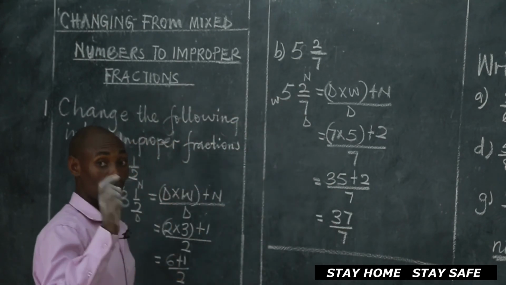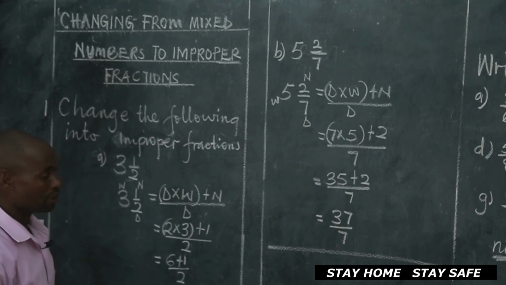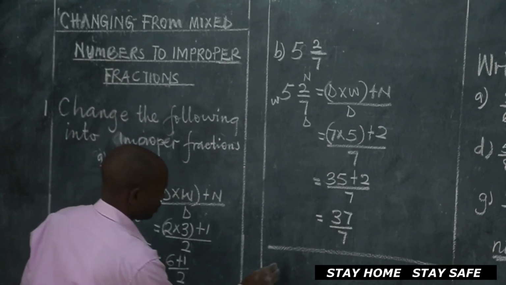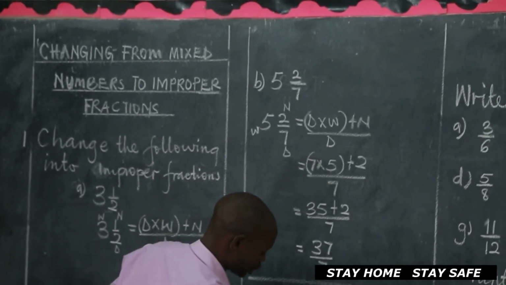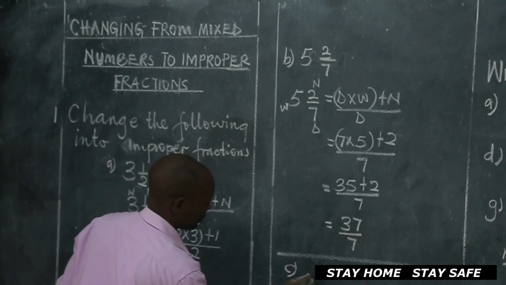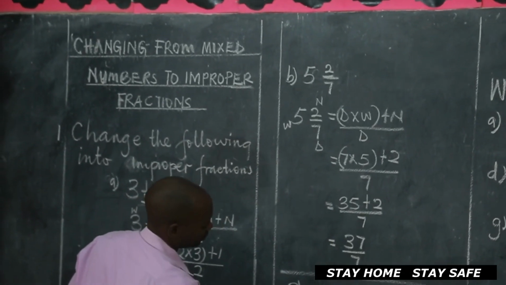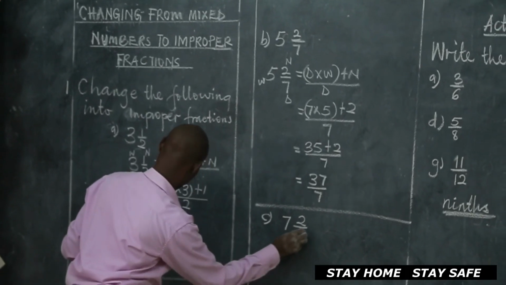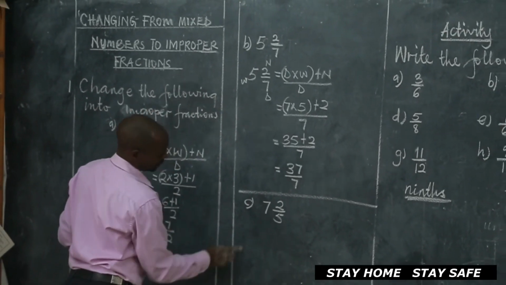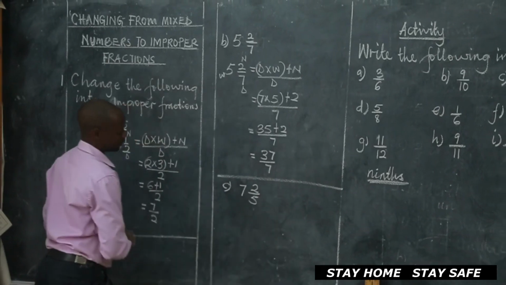Let's look at one more example, then I give you an activity. See, if I tell you to change 7 and 2 fifths, 7 whole numbers, 2 out of 5.